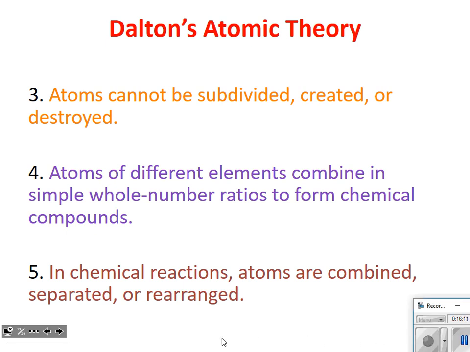Dalton's third statement said that atoms cannot be subdivided, they cannot be created, they cannot be destroyed. Also, atoms of different elements combine in simple whole number ratios to form compounds.